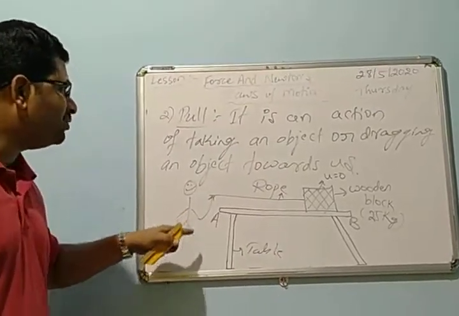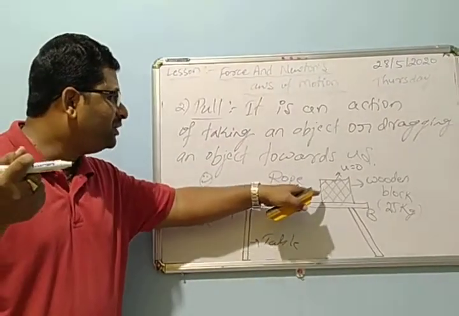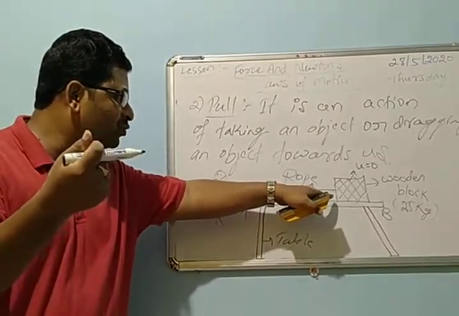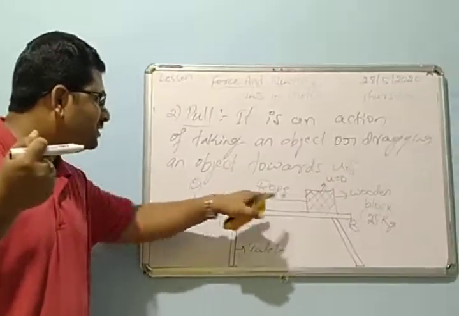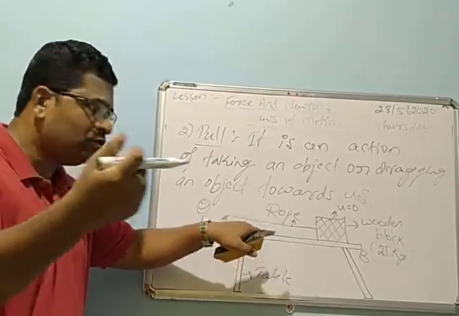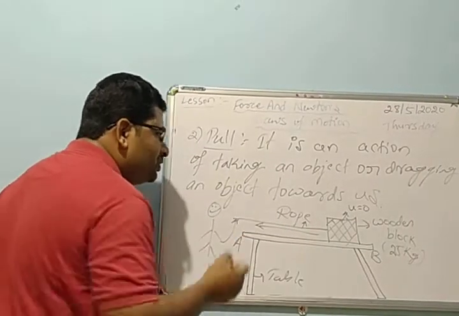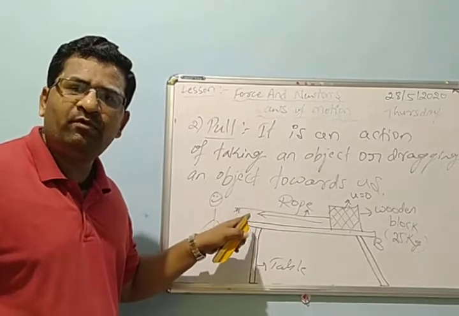And what the person does here is, with the help of a rope, he drags or takes this wooden block towards him, towards the end A. So he applied a force. What type of force?